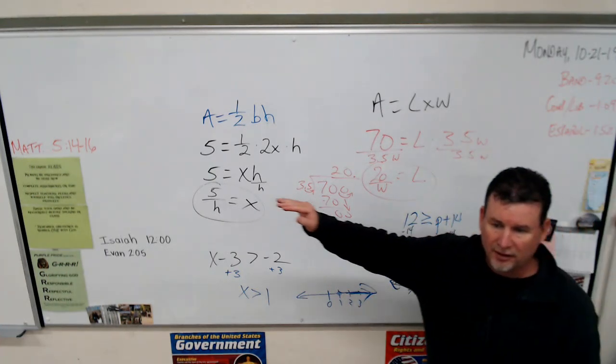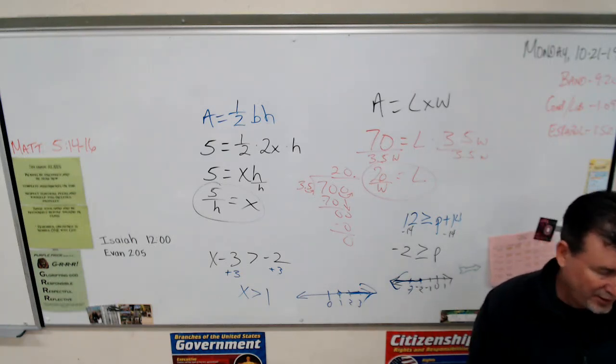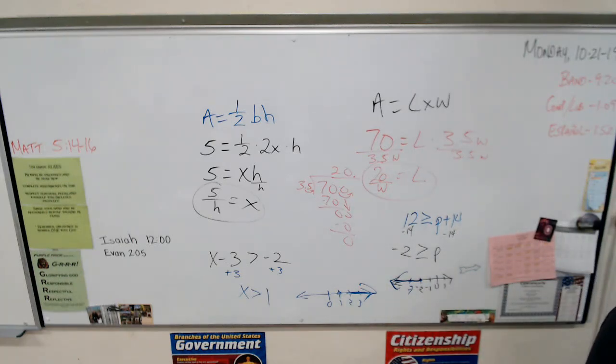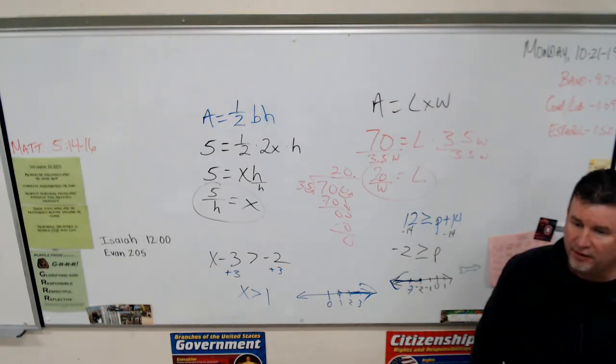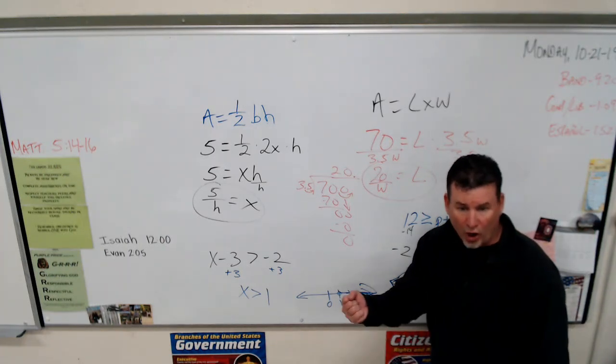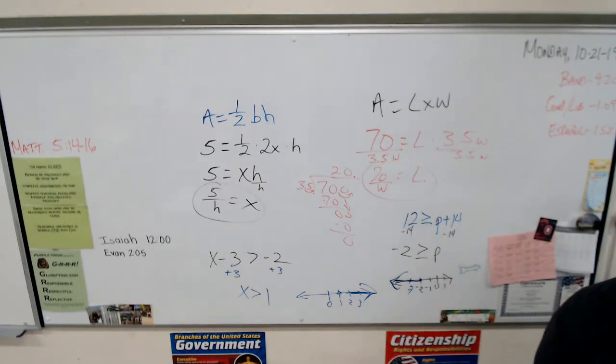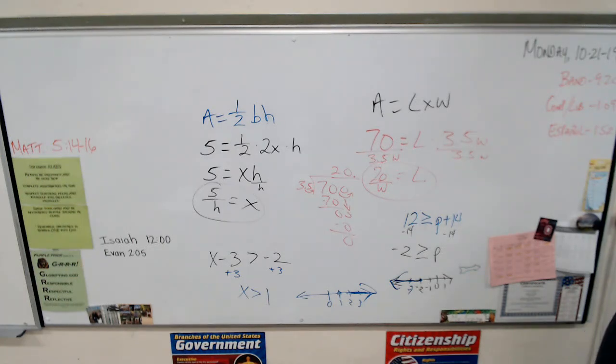To the left. So which one of those graphs says x is less than negative 1? C. Number 3, which one of those graphs says that x is less than or equal to 1? Is your dot going to be closed in or open? Closed, because it says equal to. It's going to be A. Number 4, which one are you going to match that with? Greater than or equal to 1? B, and obviously the last one is D. X is greater than negative 1.